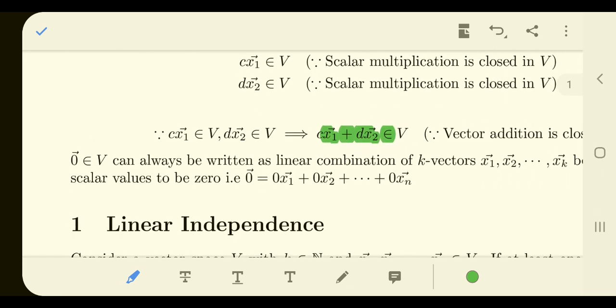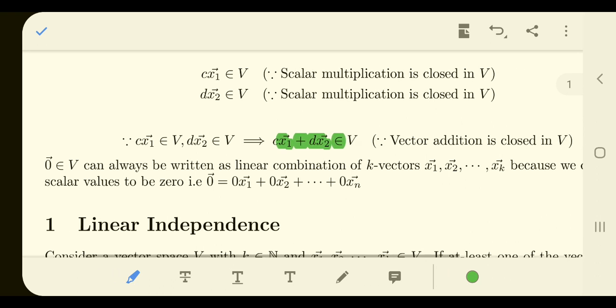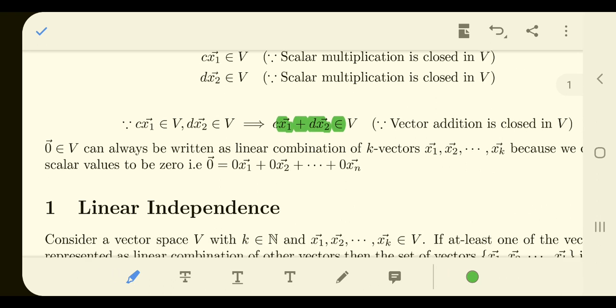You can notice that the zero vector can always be written as a linear combination of certain vectors x1, x2, up to xn.